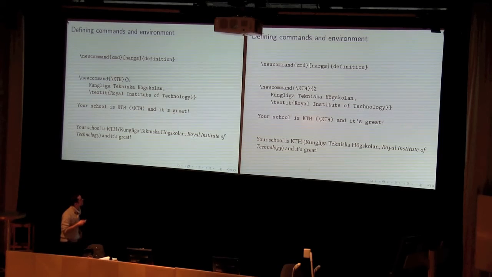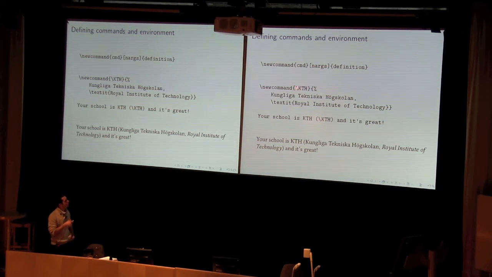An example. This is not very difficult. So this uses the command newcommand. Here you give the name of the command like that. Okay. Then you have an optional argument, in square braces for LaTeX, which defines the number of arguments that will be needed for this command.